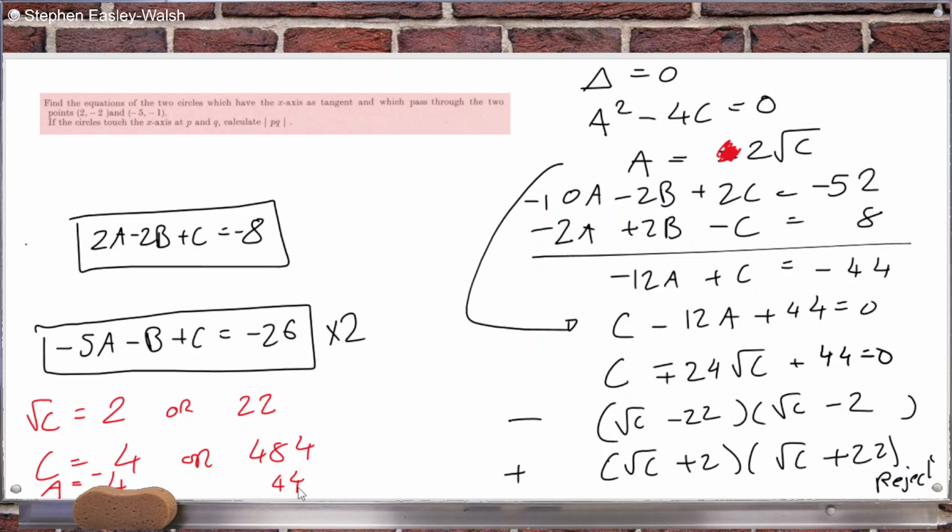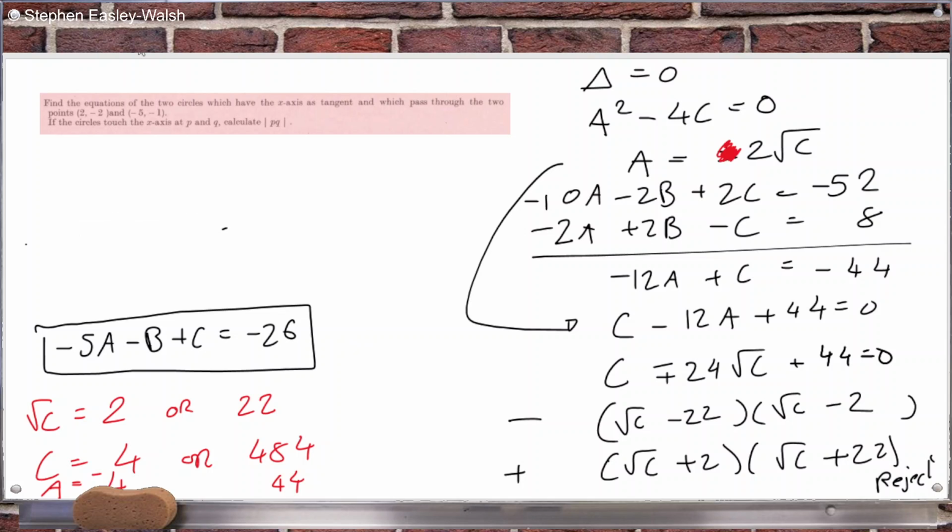And then how can I get the b? Probably with this equation here. I could say b is minus 5a plus c plus 26. Okay, so let's get the b.